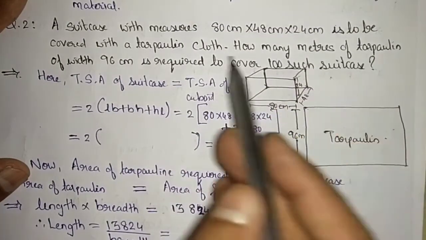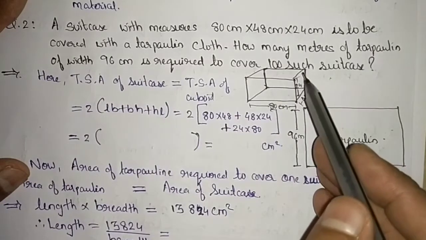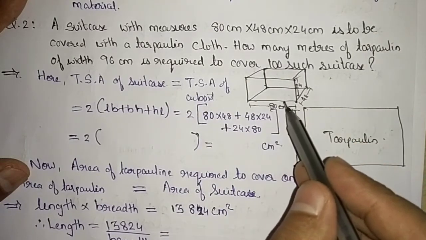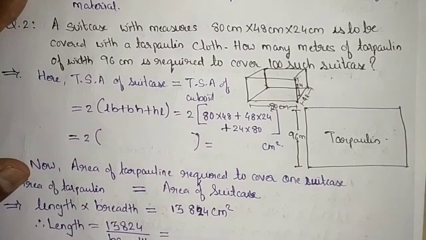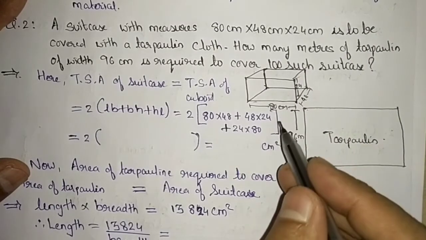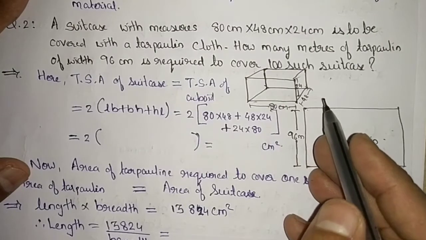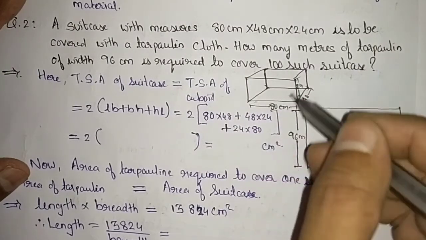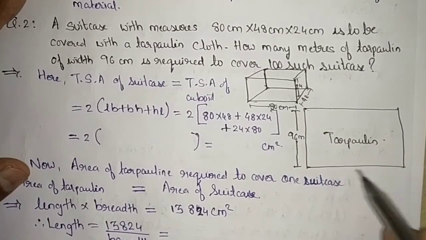So definitely the suitcase will be like a cuboidal box, whose length is 80, breadth is 48 and height is 24 centimeter. Now this suitcase is to be covered with the tarpaulin.